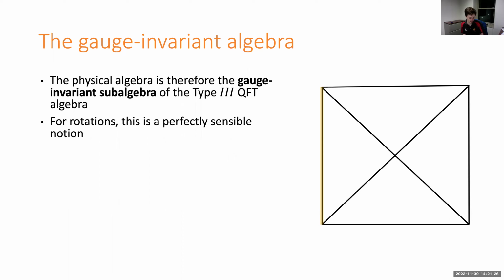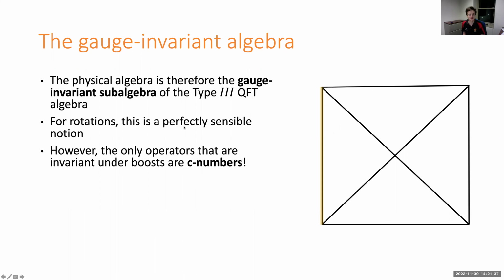For rotations, this is a perfectly sensible notion. There's some compact group and there's some set of operators that commute with it, it's fine. However, it turns out that the only operators that are invariant under this boost generator are in fact just multiples of the identity. This maybe needs some explanation.